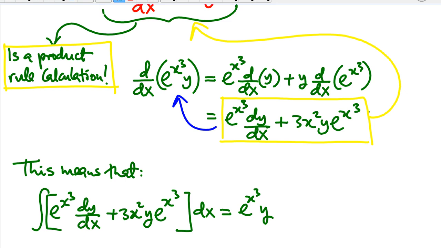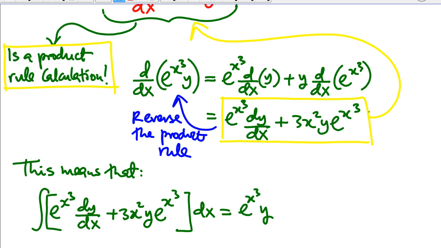That's the reverse product rule. Just reverse the product rule and you get what you want. If you differentiate, you get the other bit. You reverse the product rule, you get this.